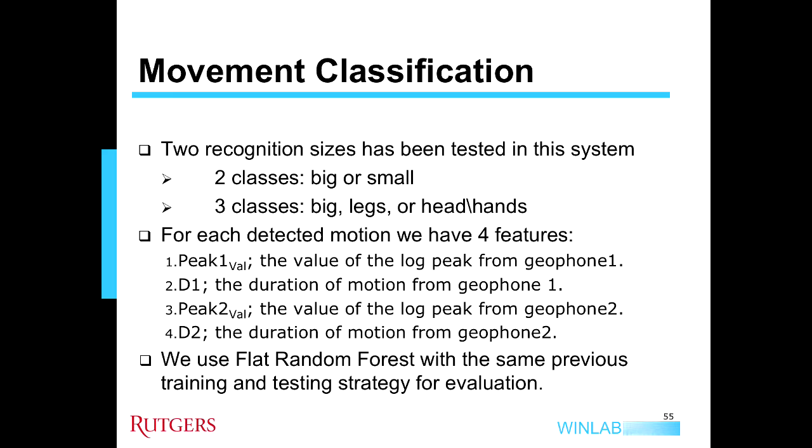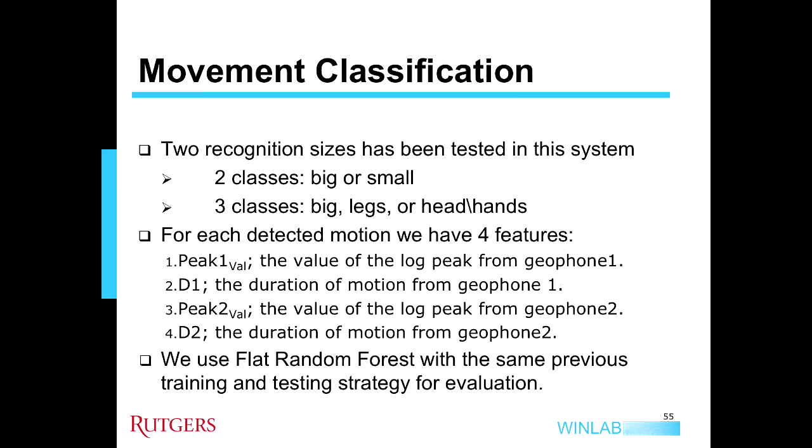What if we try to classify motion? We detect motion in a very perfect way using a geophone. What if we try to classify these motions as big or small? Or we can go deeper for more classes. So we start with 2-class classification, and we move to 3-class classification. The 2 classes are big or small, as I explained, and the 3 classes are big, upper half, and lower half, which we call head and legs.